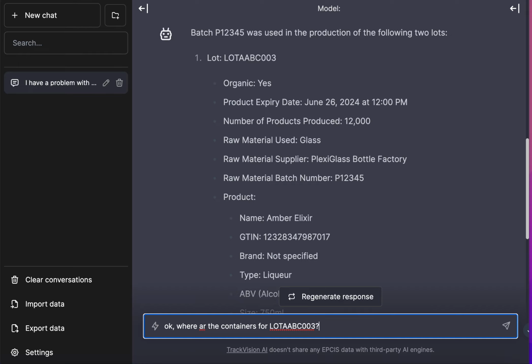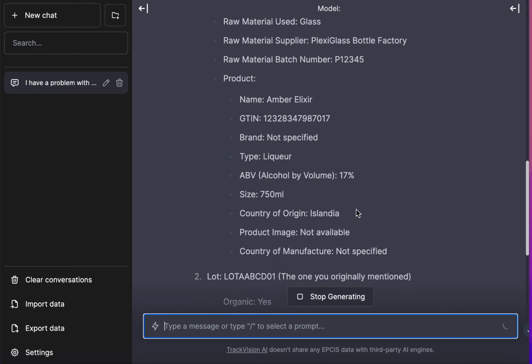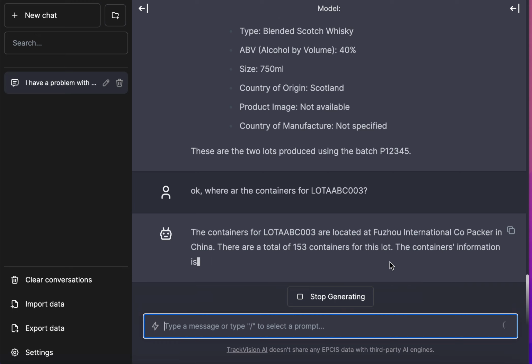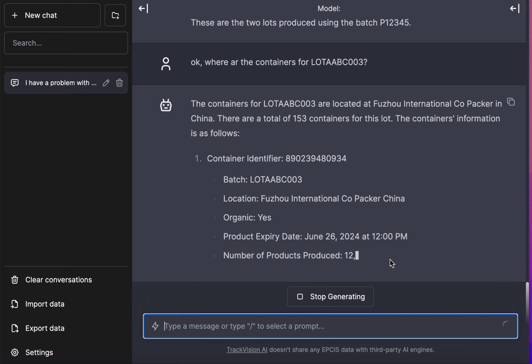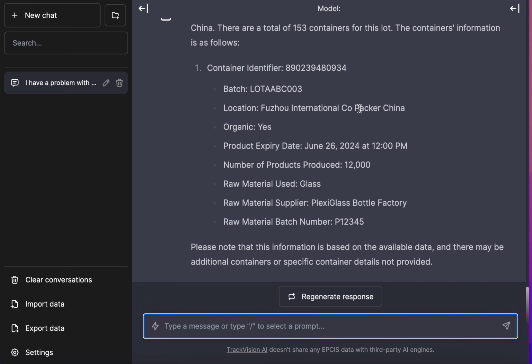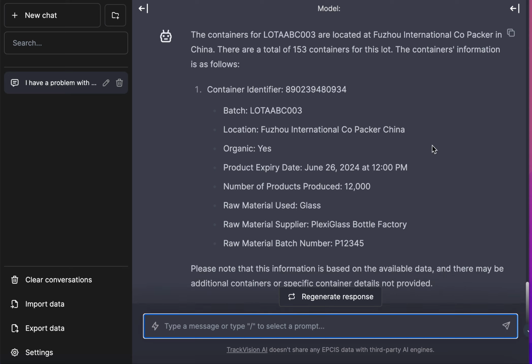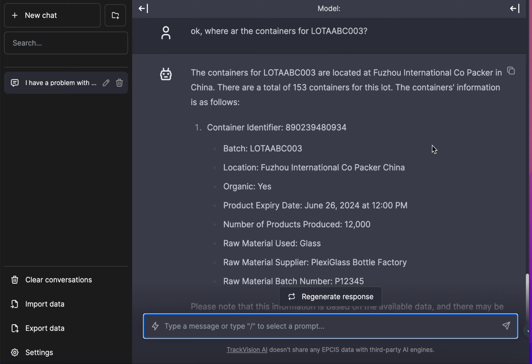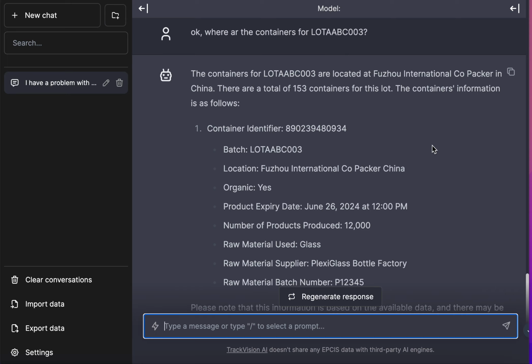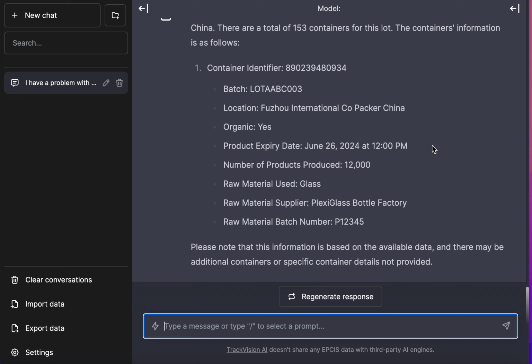We want to know where all of those affected products are at the moment. So we type that in, and we find out that they're with a co-packer located in China, and there are 153 of those containers for this particular lot. So that's where they sit right now, and these are the people that I want to get in touch with to affect the recall.